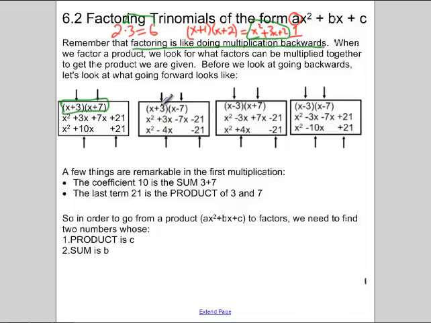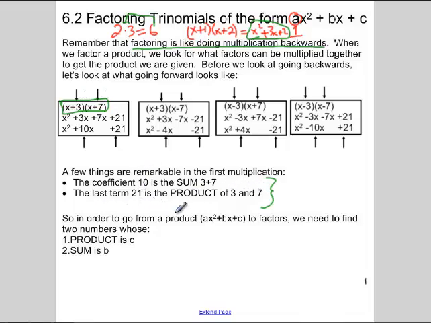Negative 4 is positive 3 plus a negative 7, and negative 21 is 3 times negative 7. The same holds true for the others. The coefficient of the x term is the sum of these two numbers, and the last term, positive 21, is the product of these two numbers. That's what is summarized here: the coefficient 10 is 3 plus 7, and the last term, 21, is the product of 3 and 7.